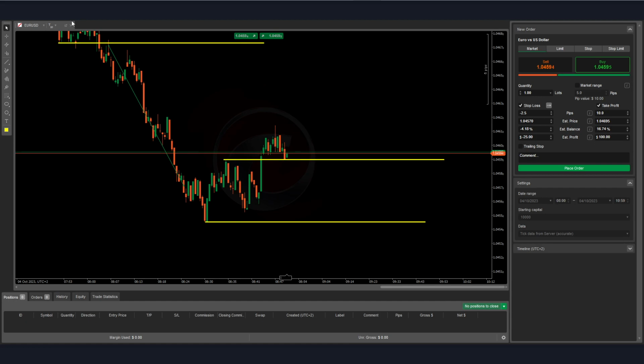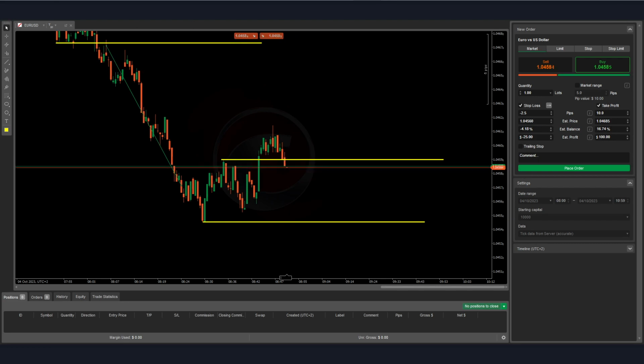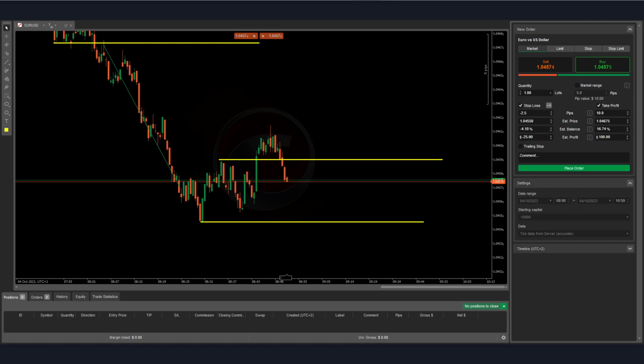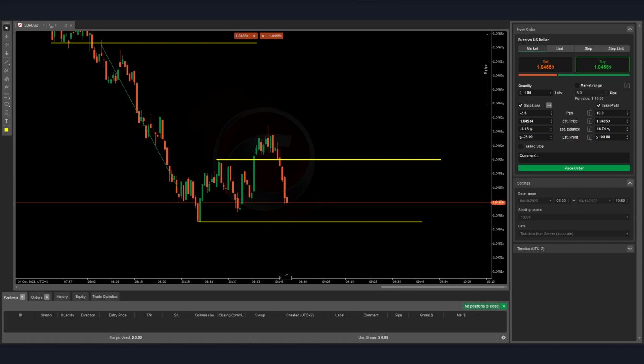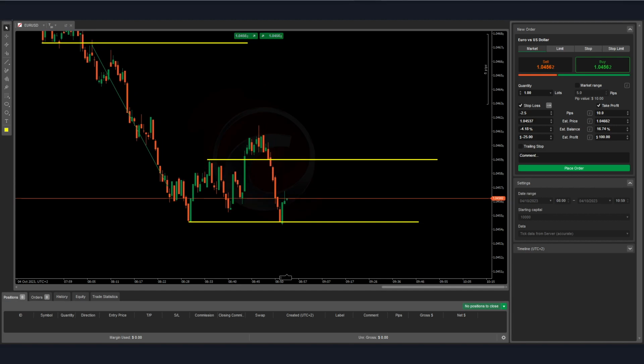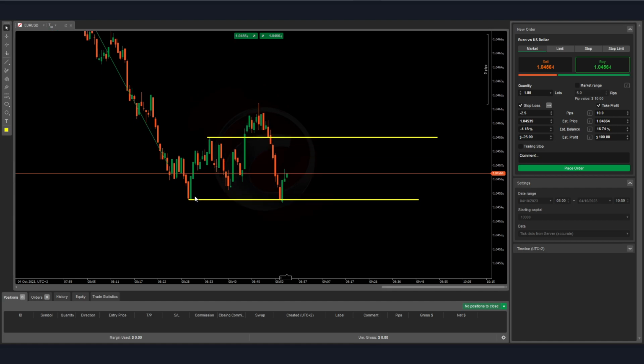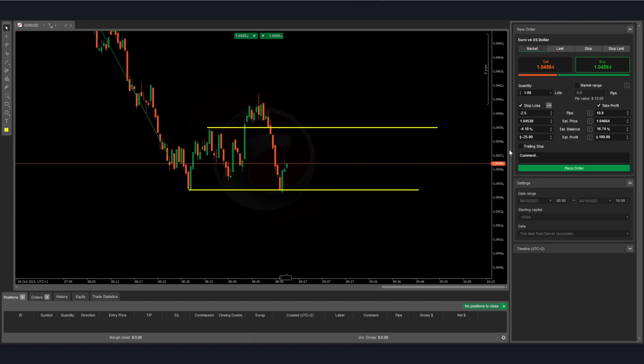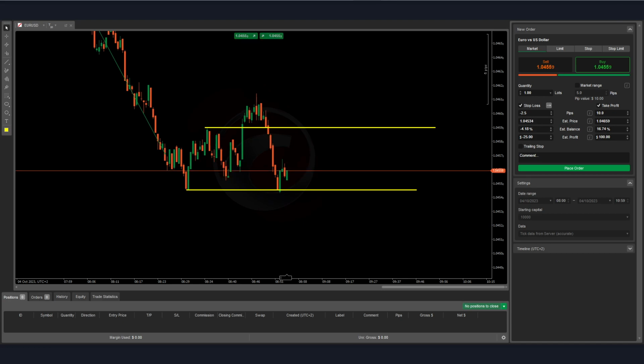Okay, so this could have been a nice entry. Okay, this one. Let's see. Okay, no. That was a little bit like cheating. I should have taken a loss over there. New low confirmed and is actually the same. So this is a confirmation that if the price breaks below, that's a very good entry.